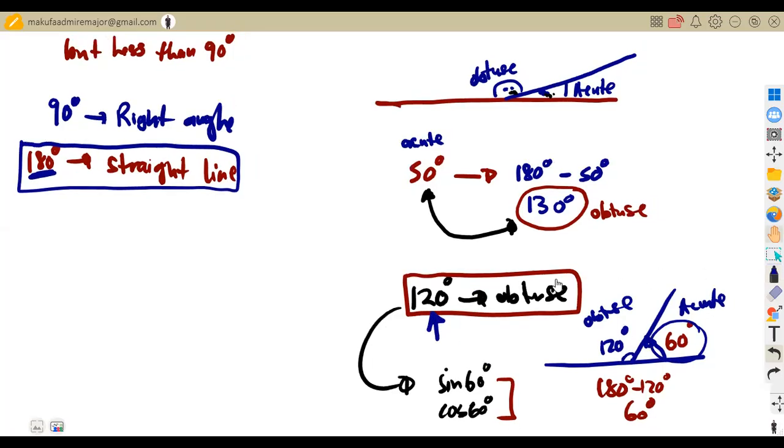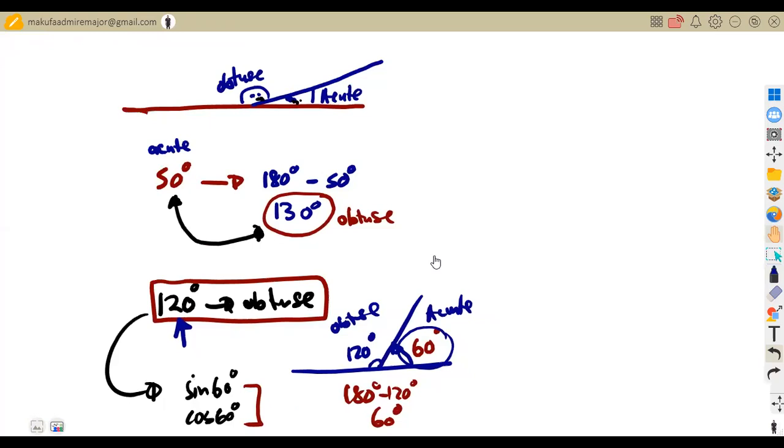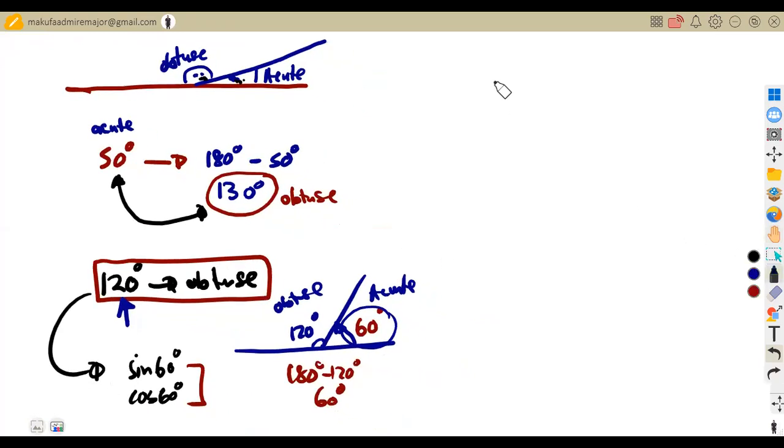So what I'm simply saying is that if you are given, let's say, an angle of 70 degrees, what is going to be the corresponding obtuse angle? The obtuse angle is going to be 180 minus 70 degrees, which is going to give us 110 degrees in this case.